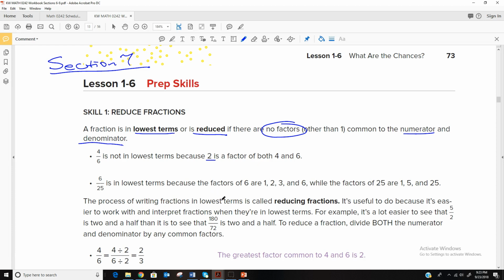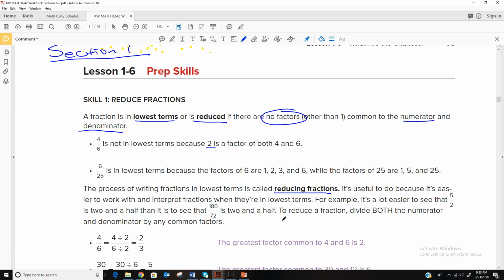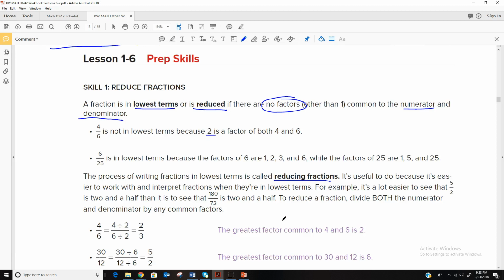So the process of writing fractions in lowest terms is called reducing the fraction. And when we do that, we're trying to make it so that we can interpret them and look at them in lowest forms, because otherwise we may not recognize that two fractions are equal to each other if one's written in an unreduced form and one's written in a reduced form.